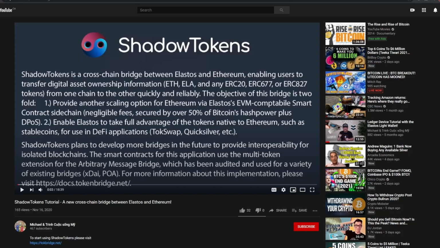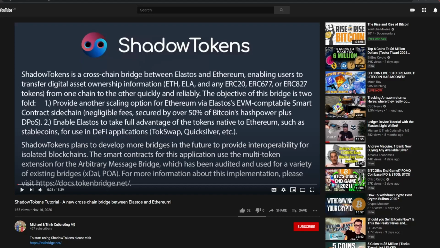Shadow Tokens is a cross-chain bridge between Elastos and Ethereum, enabling users to transfer digital asset ownership information, ETH, ELA, and any ERC20, ERC677, or ERC827 tokens from one chain to the other quickly and reliably.